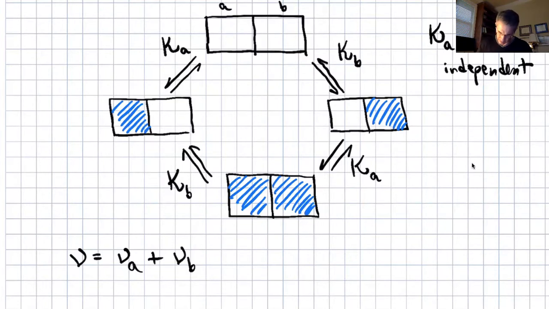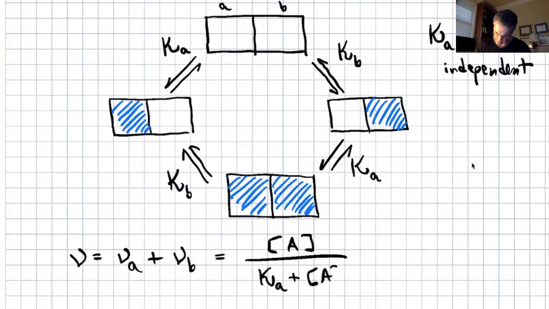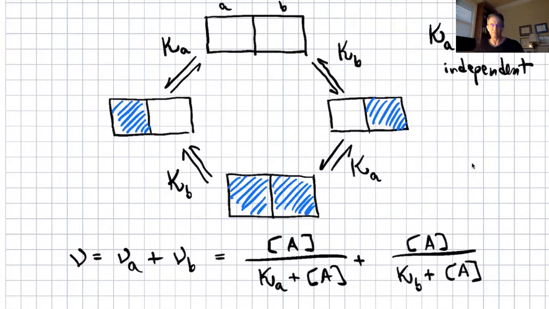So in that case, that would look something like this. That would mean I've got the concentration of our ligand A over kappa A plus the concentration of A over kappa B, because each one of those is the degree of binding to each site.